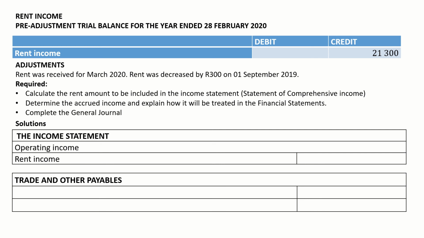You will simply draw up your financial year. It will start on the 1st of March 2019, and it will end on the 28th of Feb 2020.